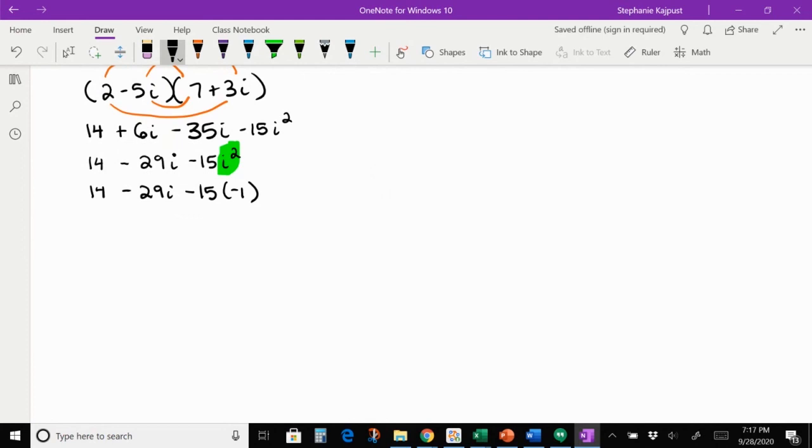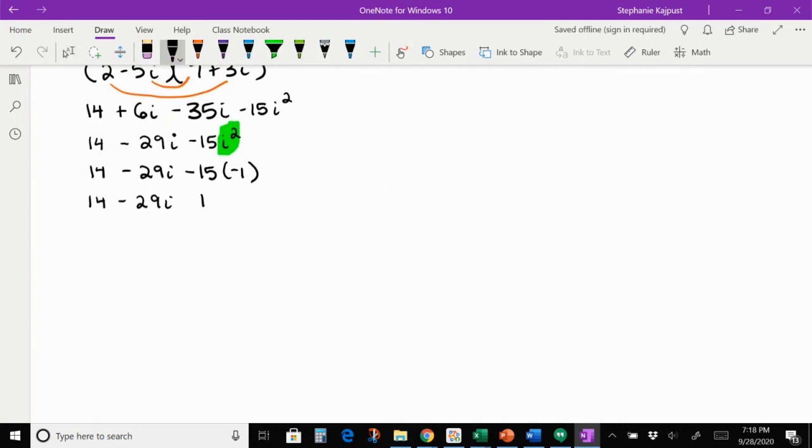So it ends up becoming a positive 15. There we go. So we get 14 minus 29i plus 15. And then you can add the 14 and the 15 together, which is 29. So we get 29 minus 29i.